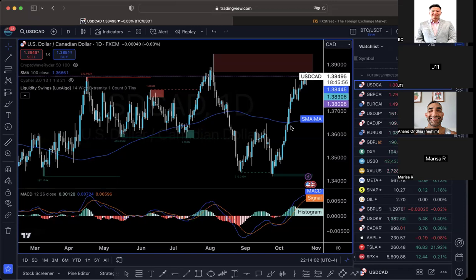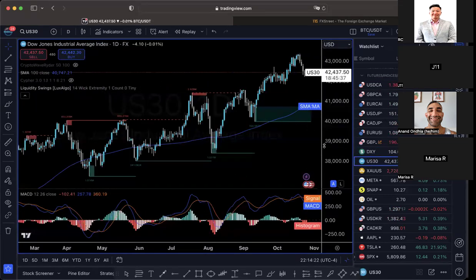Anything that has some type of correlation with the futures and US market and the stock market will be impacted by any of the major news events, such as the consumer price index and the non-farm payroll based out of the US.